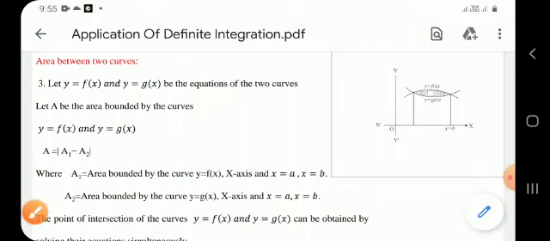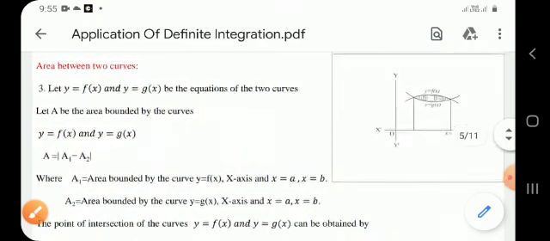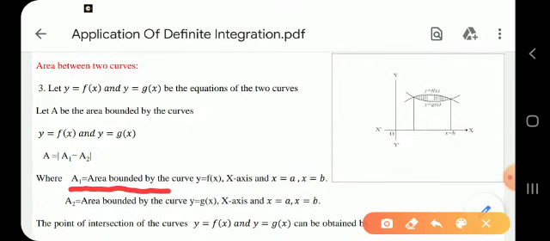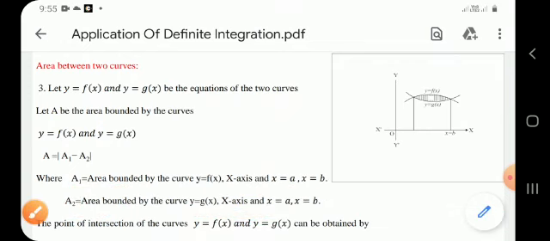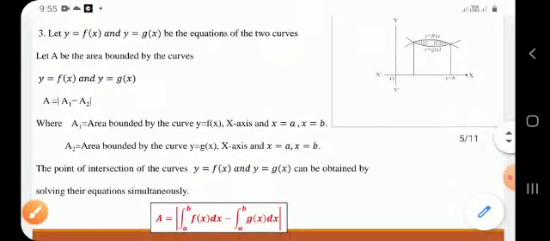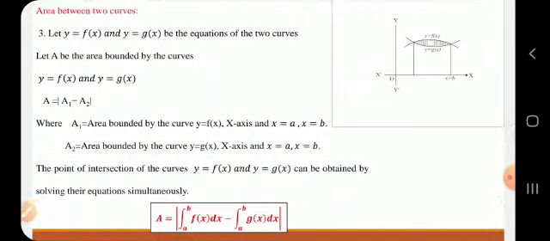Remember this. Here A1 is the area bounded between the curve y is equal to f of x, the x-axis, and these two lines. Then to find A2 we consider y is equal to g of x, the x-axis, and these two lines. Remember this point: the point of intersection of the curves y is equal to f of x and y is equal to g of x can be obtained by solving their equations simultaneously.